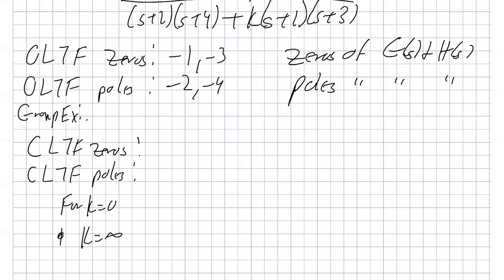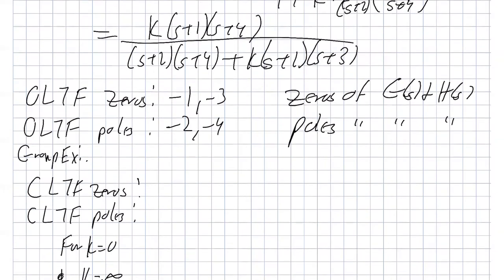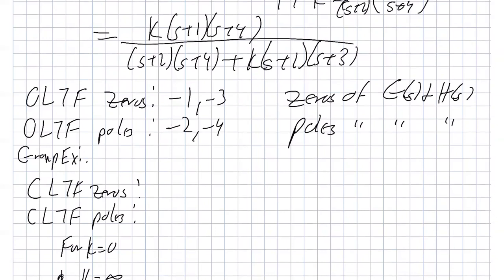Okay, closed loop transfer function. Here's the closed loop transfer function. The zeros are -1 and -4. Where did those come from?